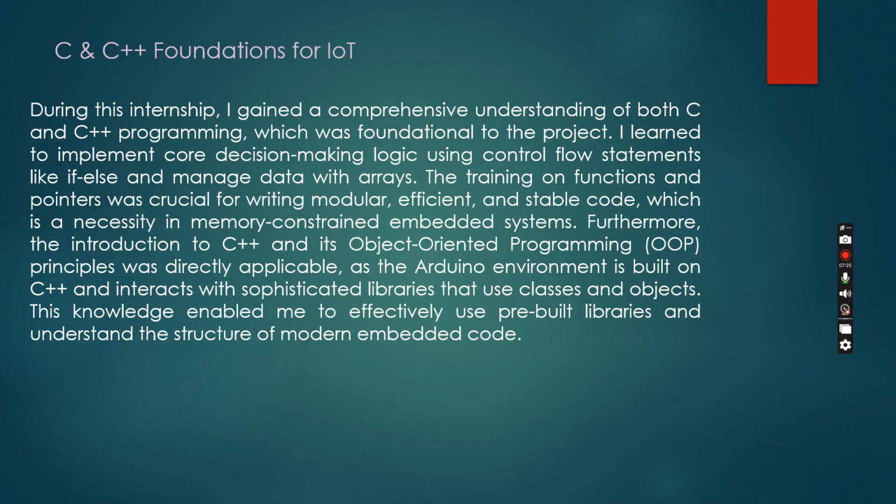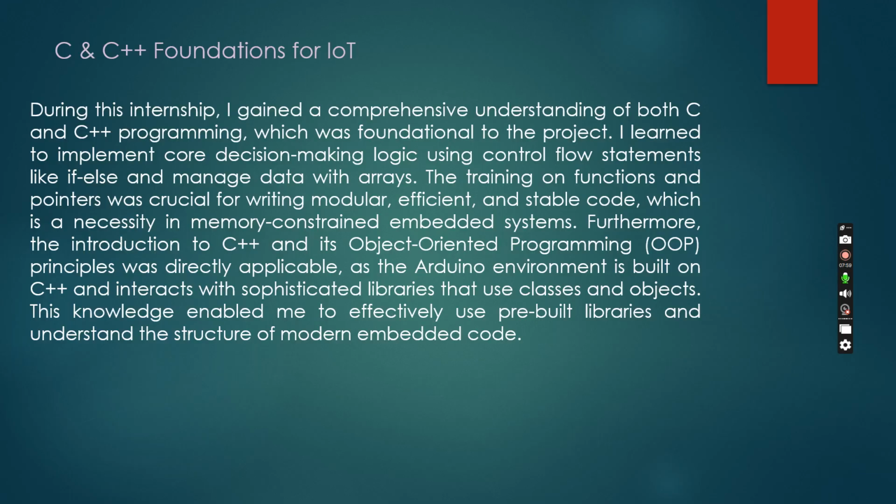We also learned C and C++ foundations for IoT in this internship. I gained a comprehensive understanding of both C and C++ programming, which is foundational to the project. I learned and implemented core decision-making logic using control flow statements like if and else, and managed data with arrays. The training on functions and pointers was crucial for writing modular, efficient, and stable code, which is a necessity in memory-constrained embedded systems.